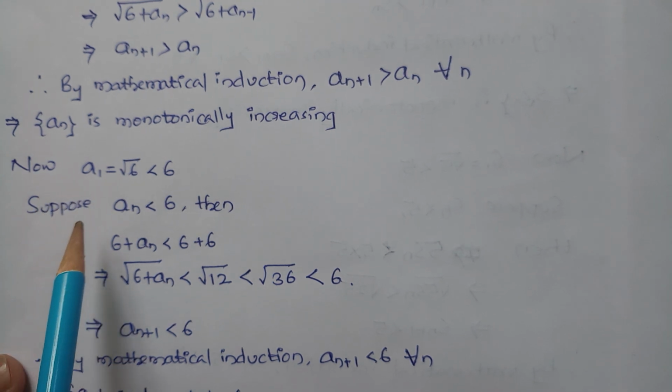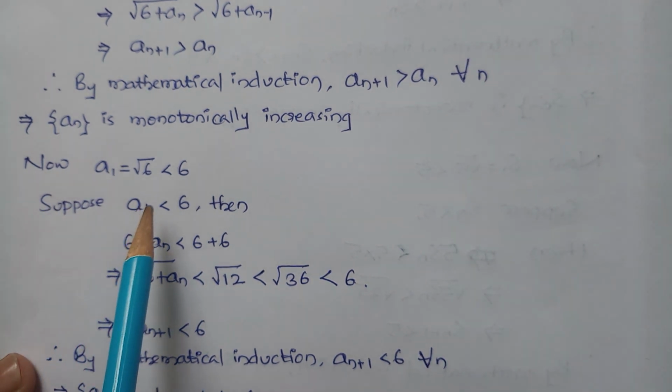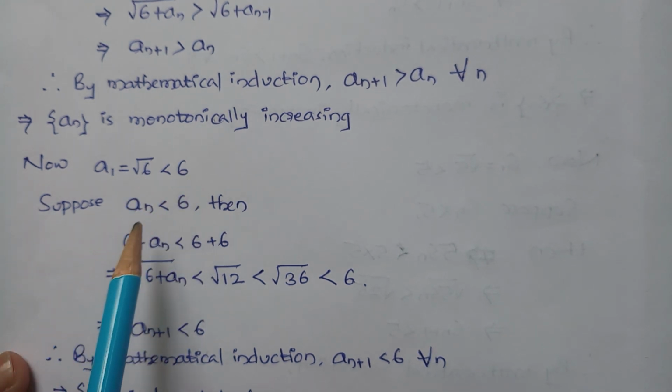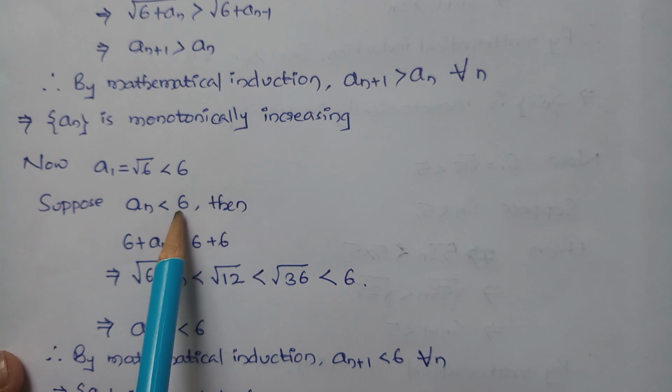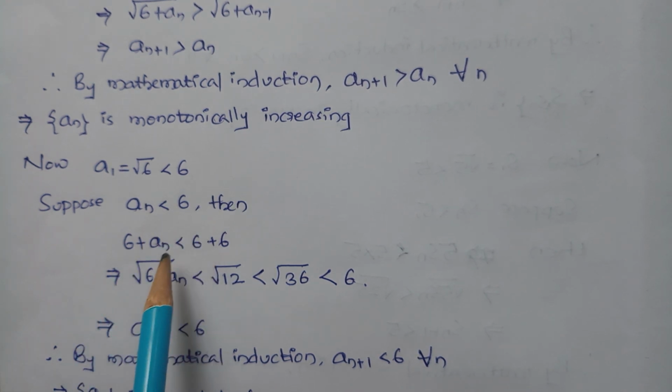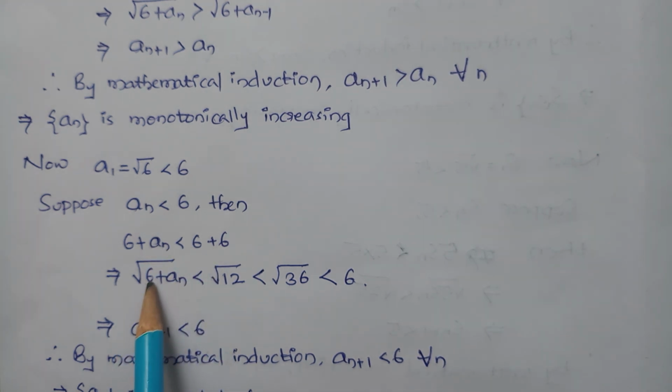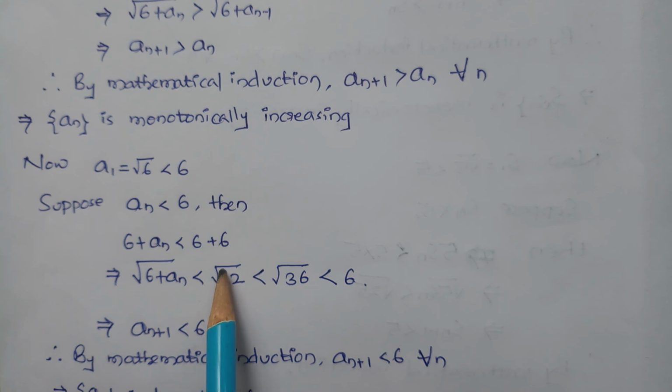Now I am taking a1 equal to root 6, that is less than 6. Suppose an is less than 6, then adding 6 on both sides, 6 plus an is less than 6 plus 6. Taking square roots on both sides, root of 6 plus an is less than root of 12.